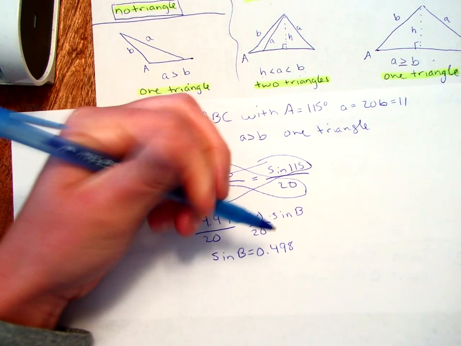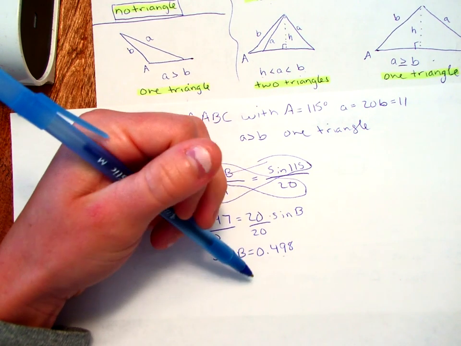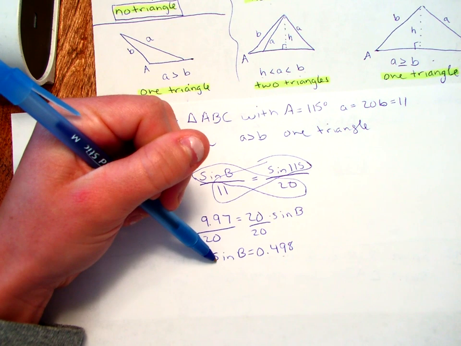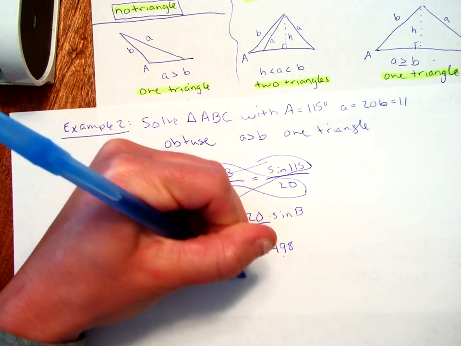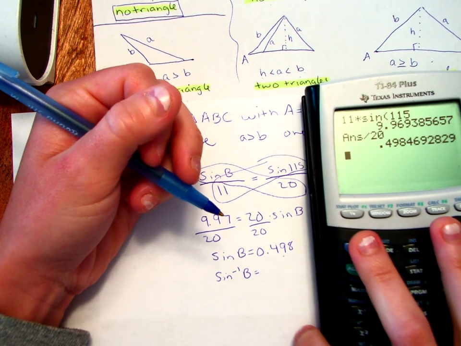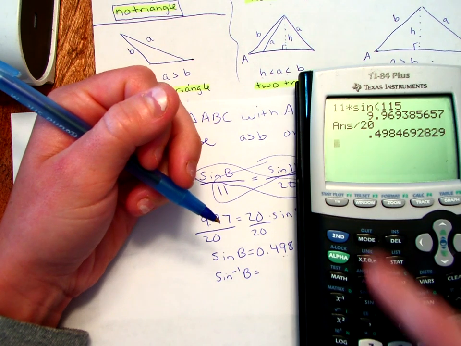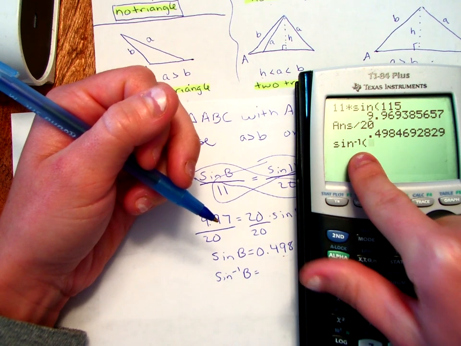0.498. Now, if you're looking at that answer, you're thinking, this doesn't quite make sense because I can't end my problem with sine of B. So I need to take the inverse of that sine in order to get it. So I'm going to show you my calculator. Second sine, that's the one you're looking for.